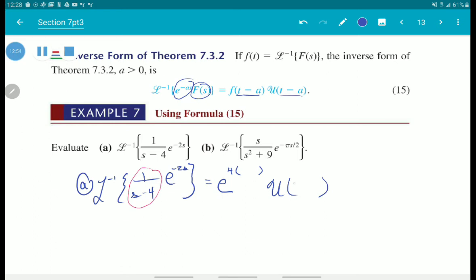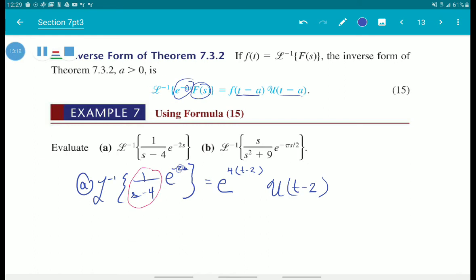And it's going to be a t minus a. Now our a ends up being 2 here. It's the number after the minus. So we're going to replace what would be a t here with a t minus 2. So there's our inverse Laplace.